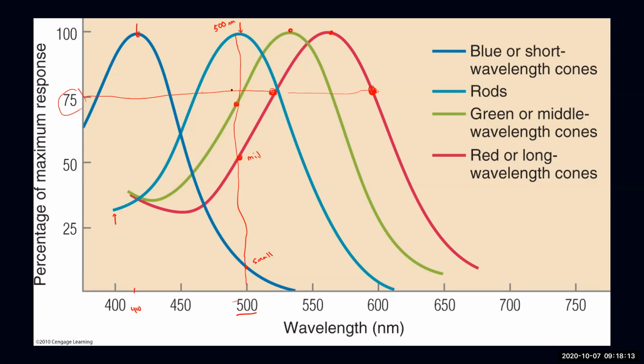Now, what if I added the rest of the cones though? And so I know that I've got a ratio of activation. So my short equals 25, middle equals 70, my long equals 50.